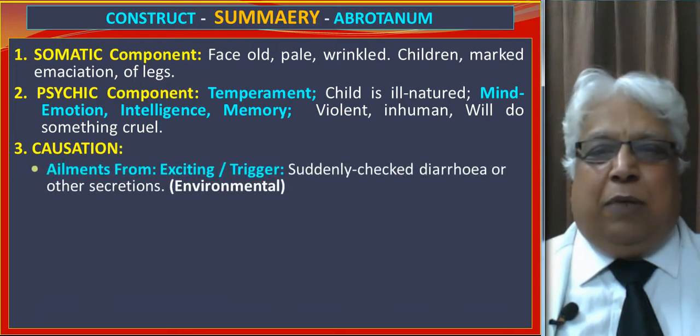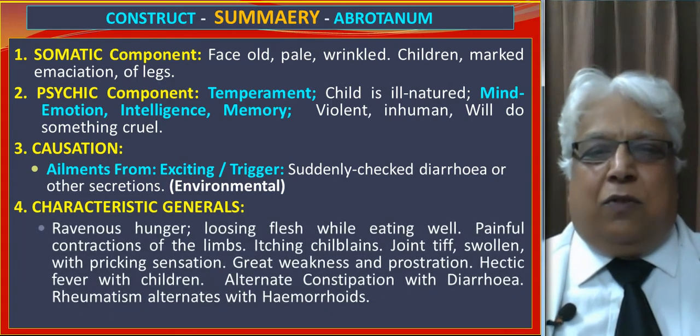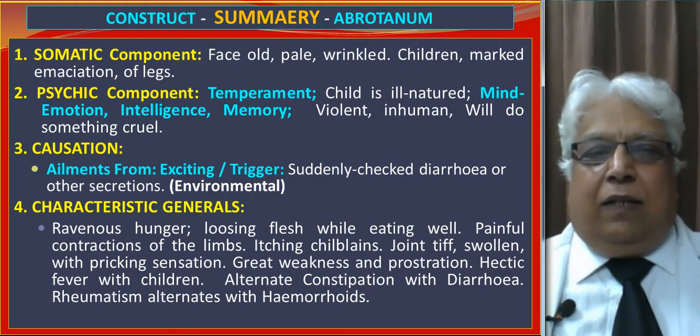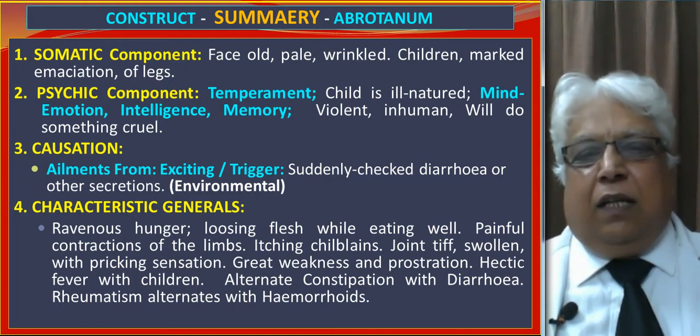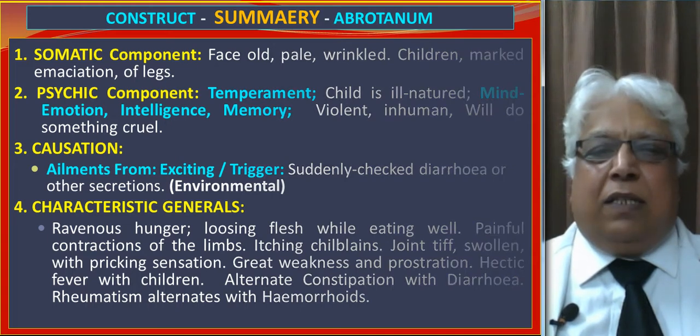Causation is ailments from suddenly checked diarrhea or secretions. Characteristic general: ravenous hunger, losing flesh while eating well, painful contraction of the limbs, itching, chilblains, joint stiff, swollen, hectic fever in children. Alternate constipation and diarrhea, rheumatism alternating with hemorrhoids.